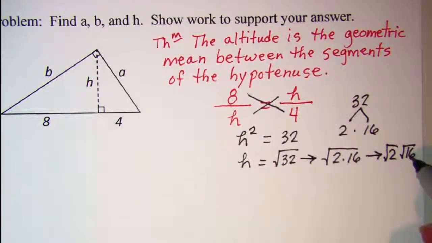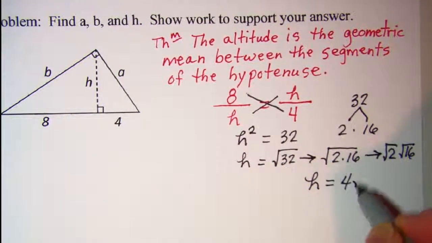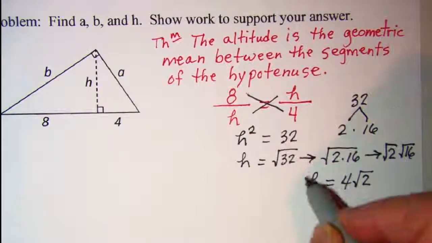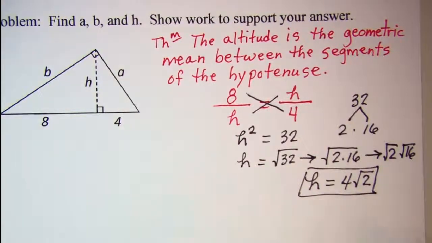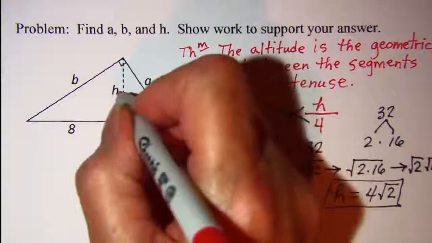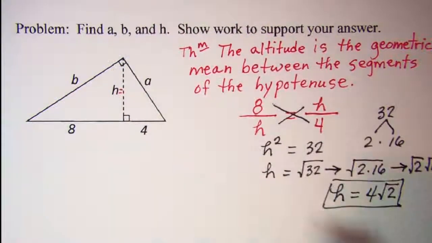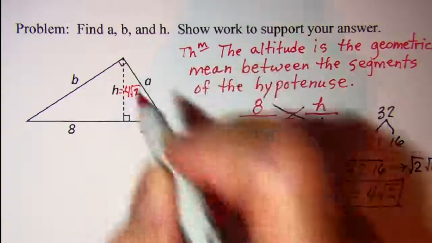And so the square root of 16 we know is 4. So we get h is equal to 4 times the square root of 2. Now we can put that value into our picture, and we have 4 root 2.